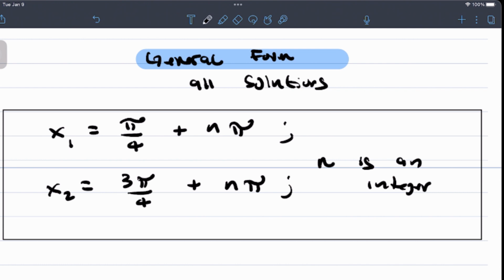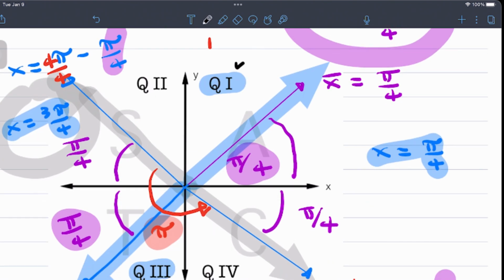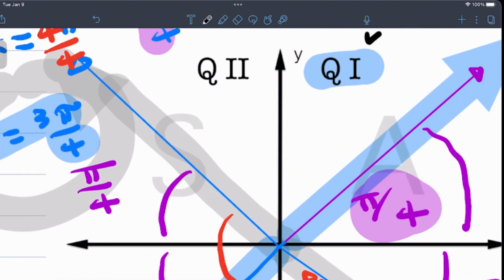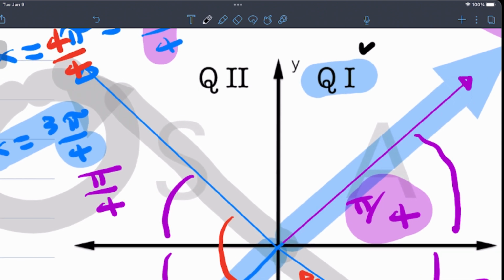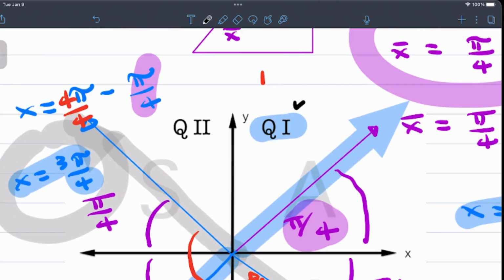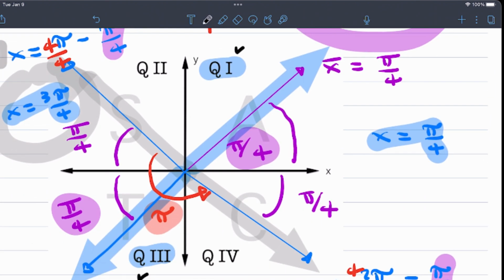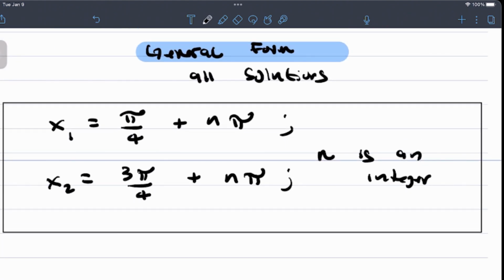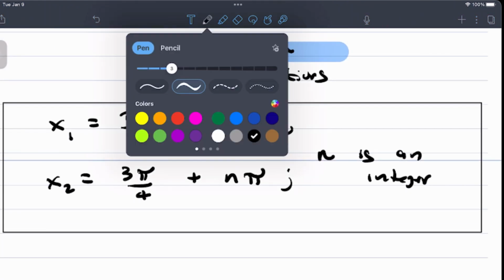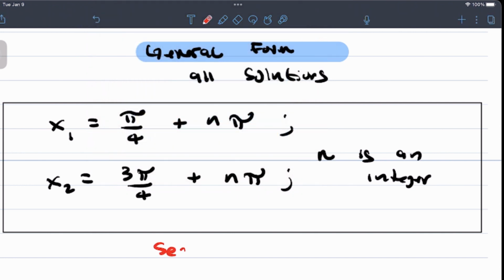You're not gonna see any other equations because you're accounting for all these quadrants as solutions. They differ by pi now. They're opposite solutions. So what you did before with opposite solutions, you're going to do again. That's all. And, you know, they didn't ask for the sequence form. They didn't ask for this.